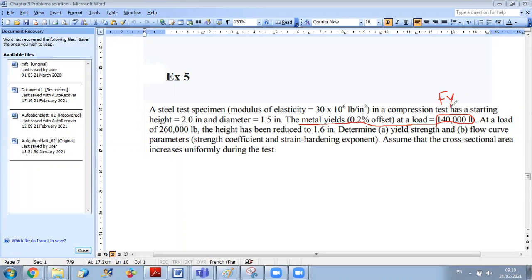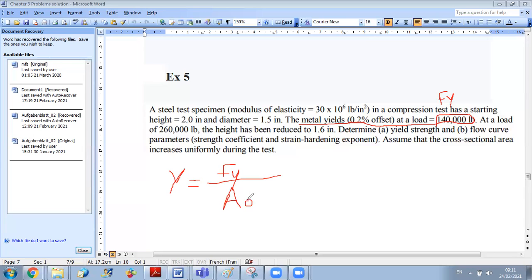Now all we have to do to find the yield strength is to divide by the initial area. Always remember, yield strength and tensile strength are found based on the initial area. So to calculate the yield strength, it is the value of Fy over A0.